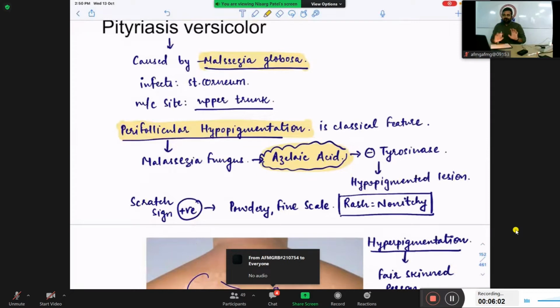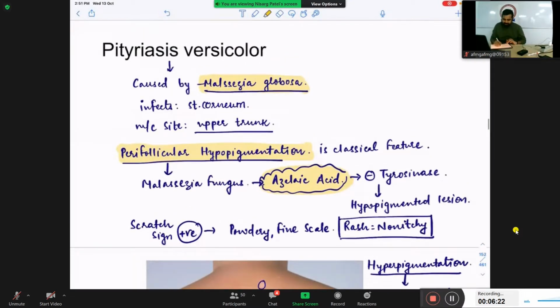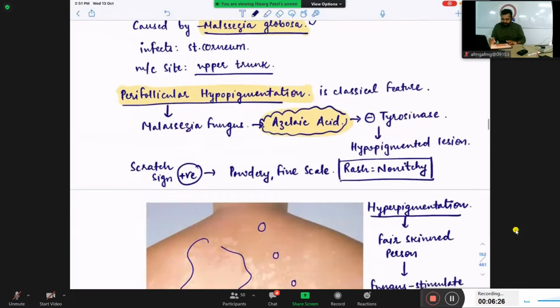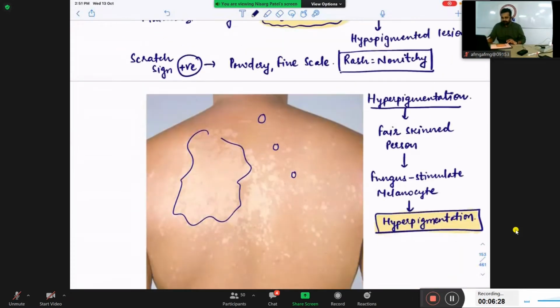We all have Malassezia fungus on our body, but it is not outnumbering, because other bacteria and fungus keep their population in check, so they do not produce disease in a normal person. But in a humid environment, if the fungus increases because of the outer environment, it will cause the disease.